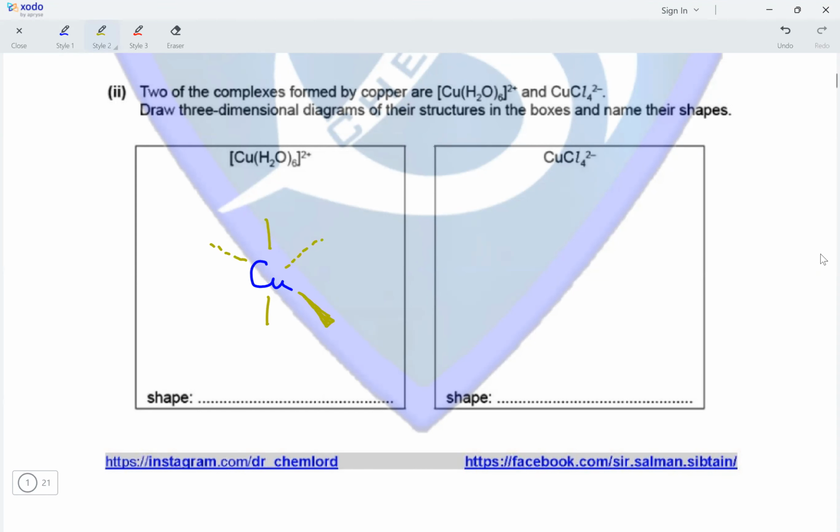So these are the positions for the binding of the water ligands, and the water ligands bind by forming dative covalent bonds with copper, and the oxygen atom in water is responsible for the formation of the dative covalent bond. So the oxygen will be bonded to copper, and we complete the complex by placing the H2 part of water.